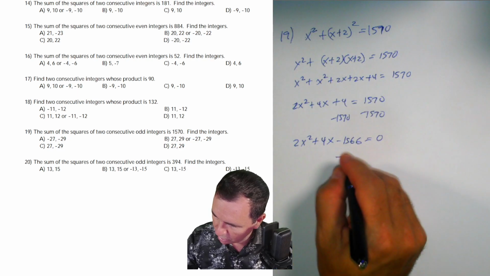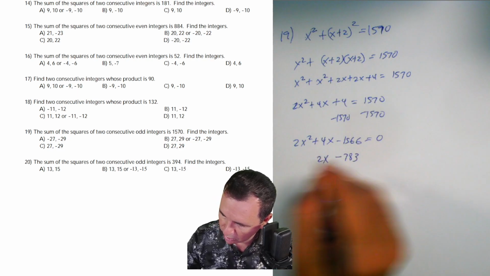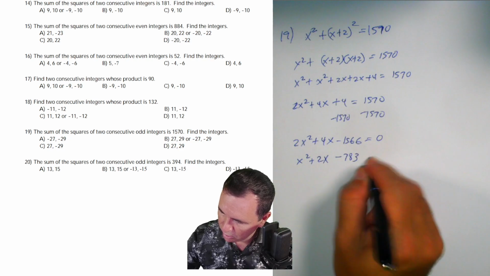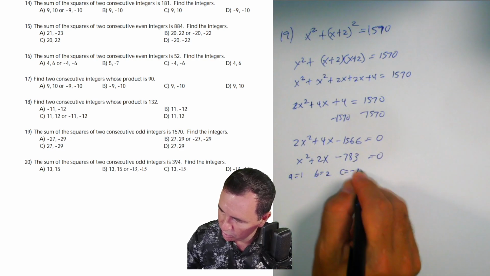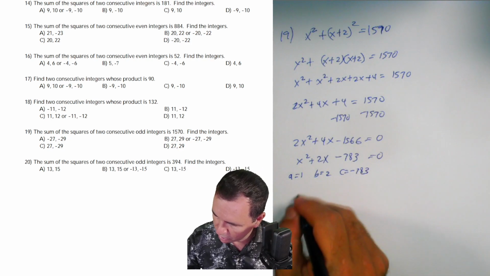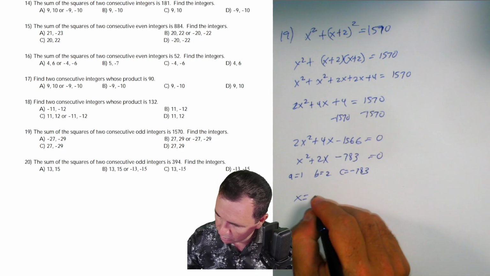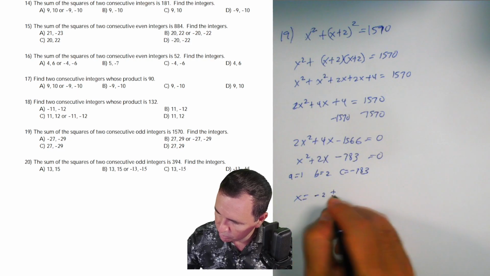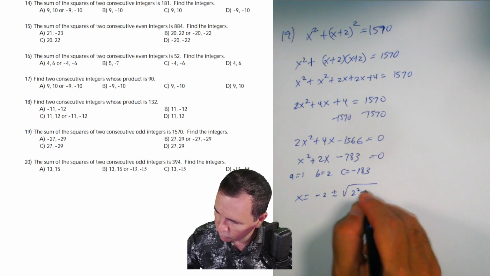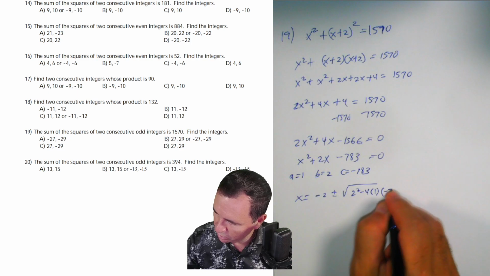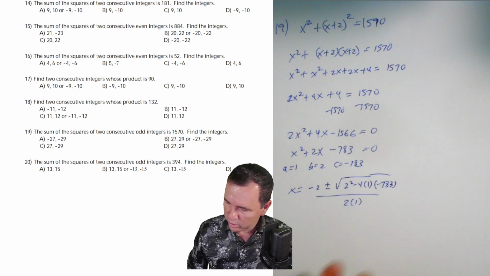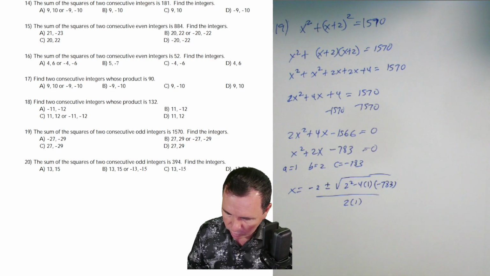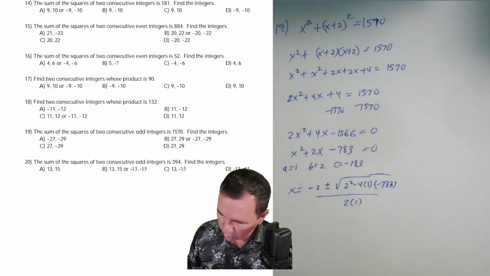I get x squared plus 2x minus 783. Okay, so A is 1, B is 2, C is negative 783. Okay, so x is equal to negative b plus or minus the square root of b squared minus 4 times a times c, all over 2a. Okay, then I take my calculator, I do times 4, I get negative 3132, but it's going to be positive, right?